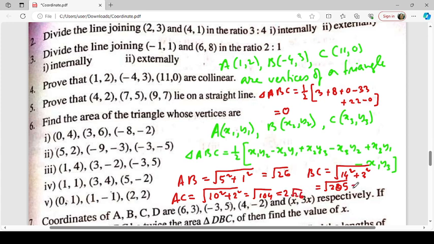Sorry, this is not 14, this is 15 square, so it is 225.